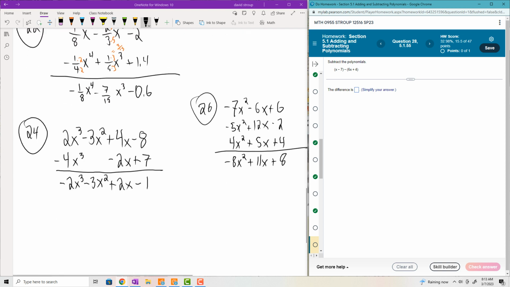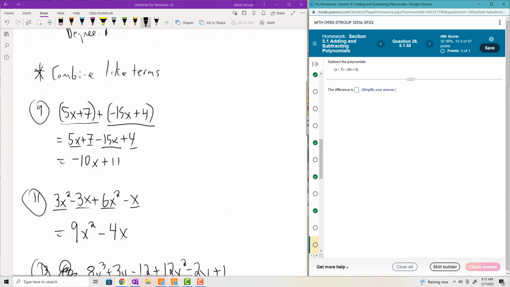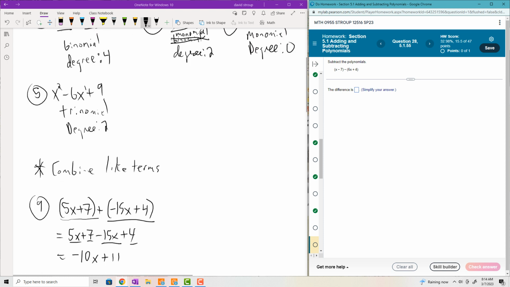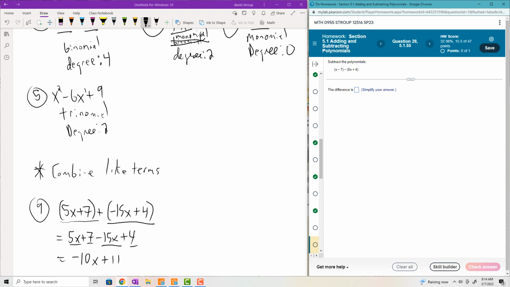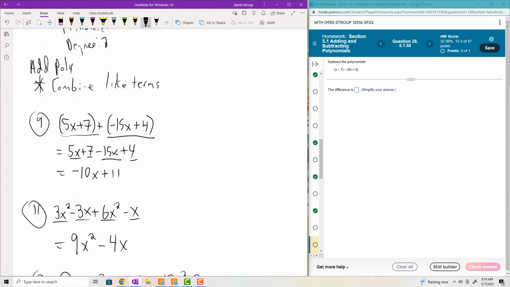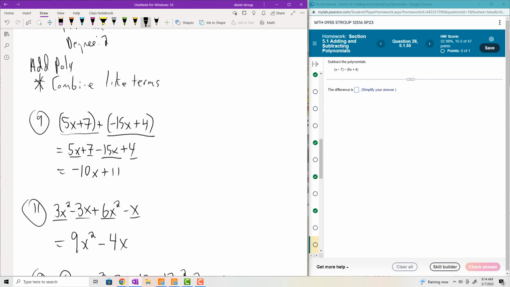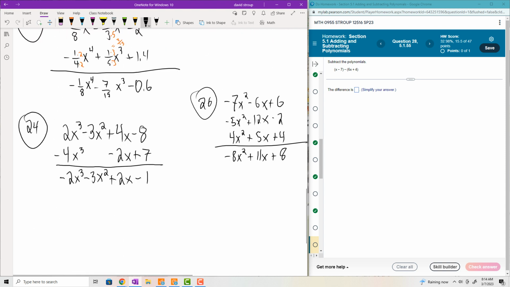Okay, so finally now we're on to adding and subtracting polynomials. For adding polynomials, you combine the like terms. That's pretty much it. You can drop the parentheses and combine like terms. For subtracting polynomials, what you have to do first is distribute the negative.